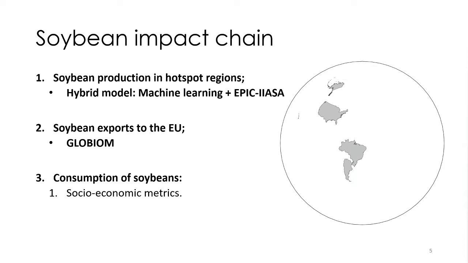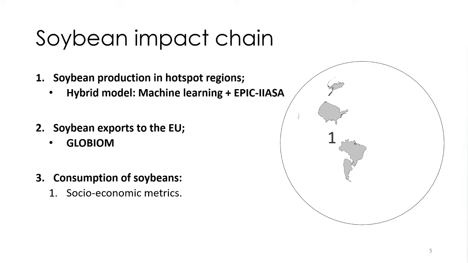So we first isolate those three countries that represent over 80% of the global soybean production. Then we find a link between the weather conditions in those regions with the yearly soybean variation.